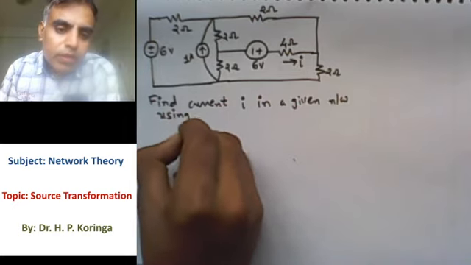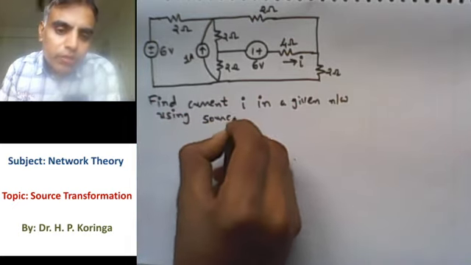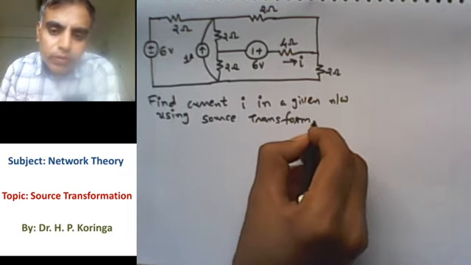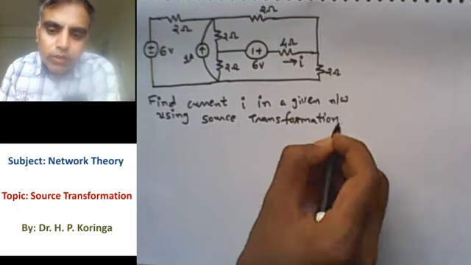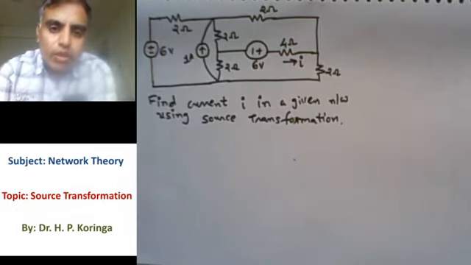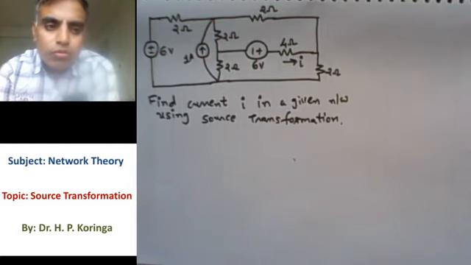So when we solve any network using source transformation, we have to try in such a way that we minimize the number of components in a network.